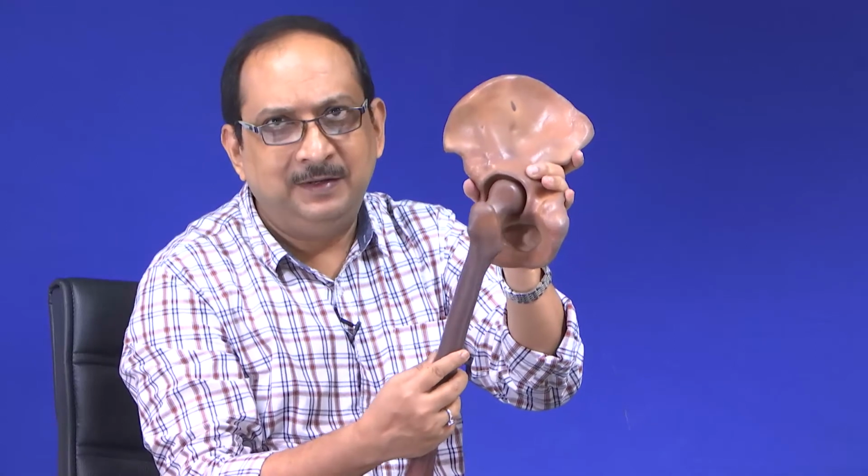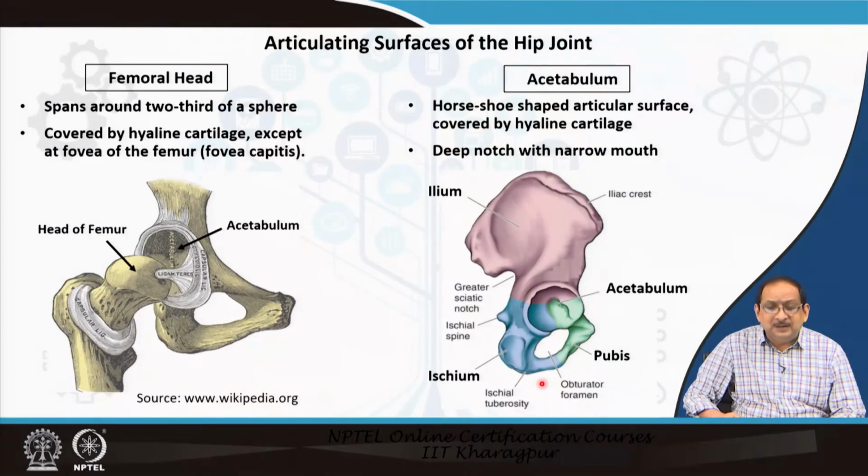This is where the femur head articulates within the hip joint and forms a ball and socket joint. The articulating surfaces of the hip joint consist of the femoral head and the acetabulum.